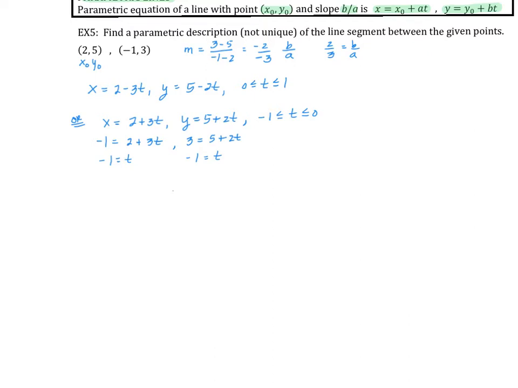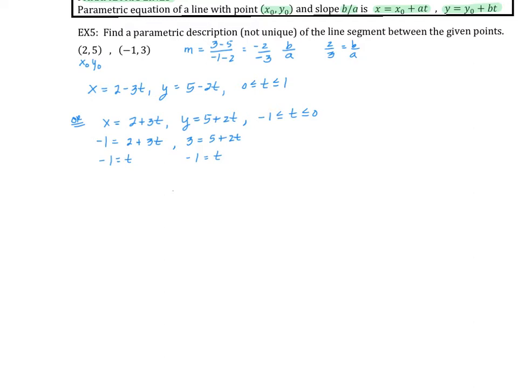Did want to caution you that on my lab, if they ended up with a slope like, let's say 2/4, then they would probably reduce it to 1/2. So that would change that t value. Instead of going from 0 to 1, it might go from 0 to something else.